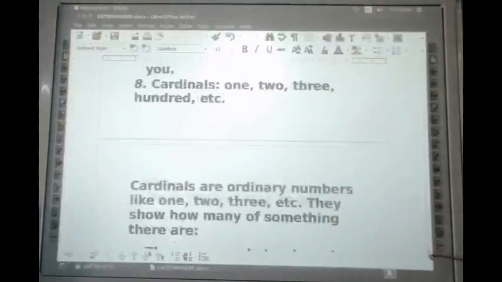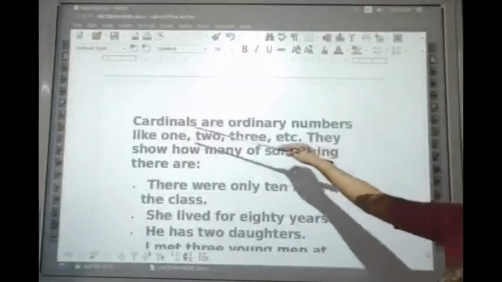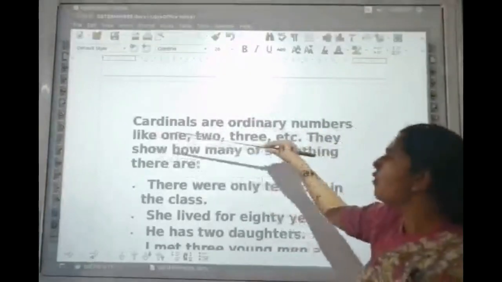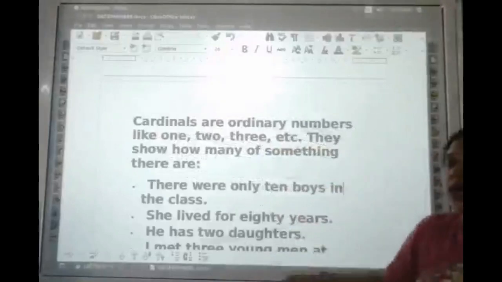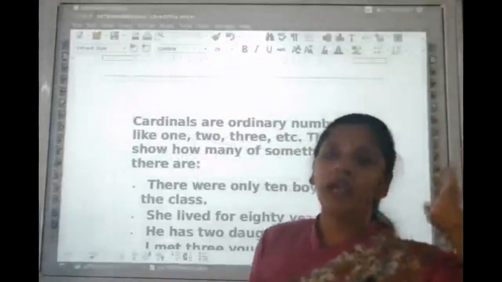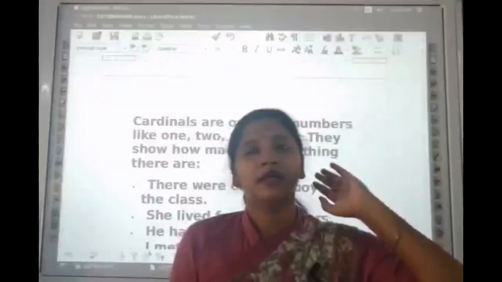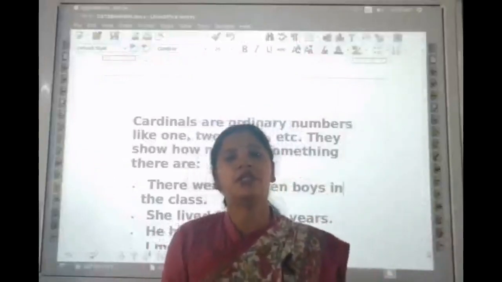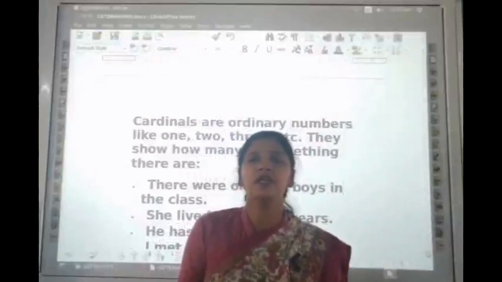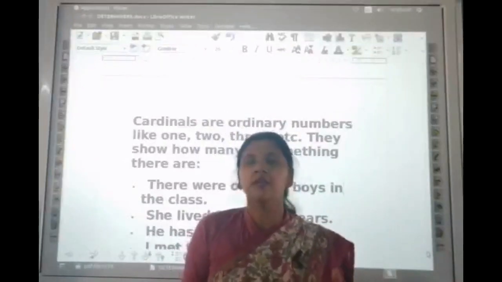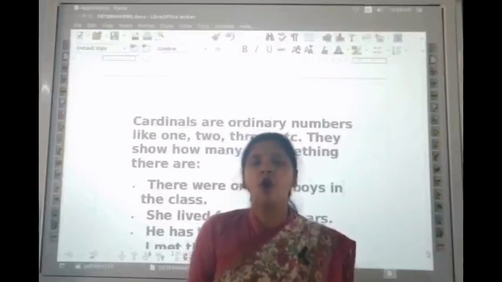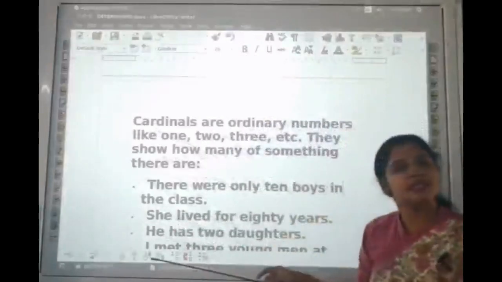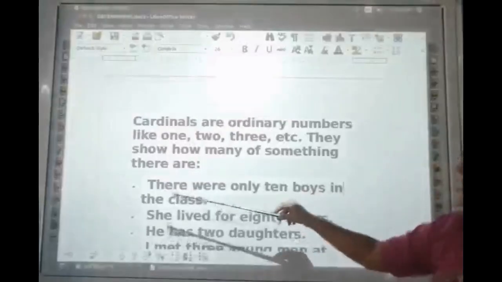Now the next is cardinals. Cardinals are ordinary numbers like 1, 2, 3, etc. Etc. means till the countings, 54, 64, 74. When we put th on that, it is converted into ordinals, and we pronounce it in a general way. We call the cardinals like 1, 2, 3, 4, 5, 6, 7, 8, till whatever you know of the countings. Just have a look.